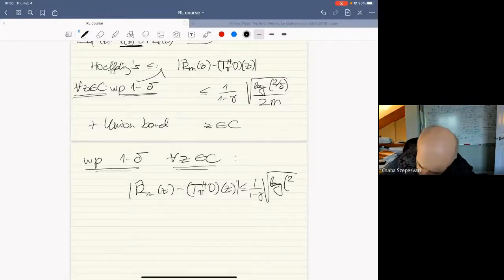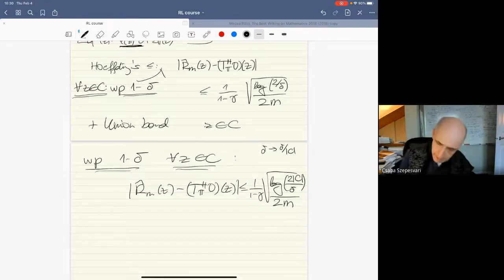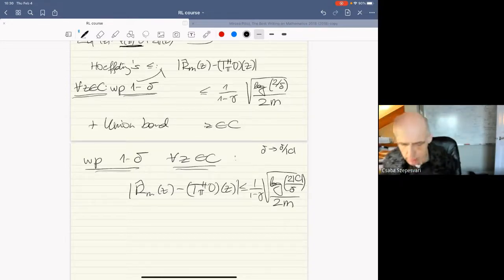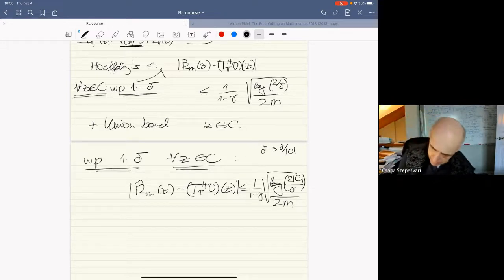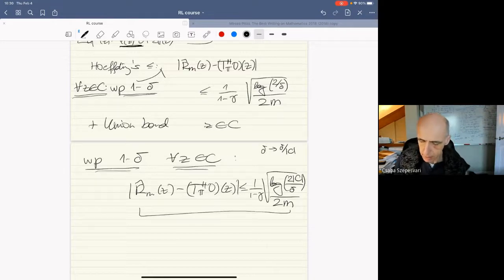So you have to replace delta with delta over the cardinality of C. That makes the cardinality of C appear inside the log. All right. So now, outside of this error event, and the error event has a small probability, we're controlling how big these deviations are.